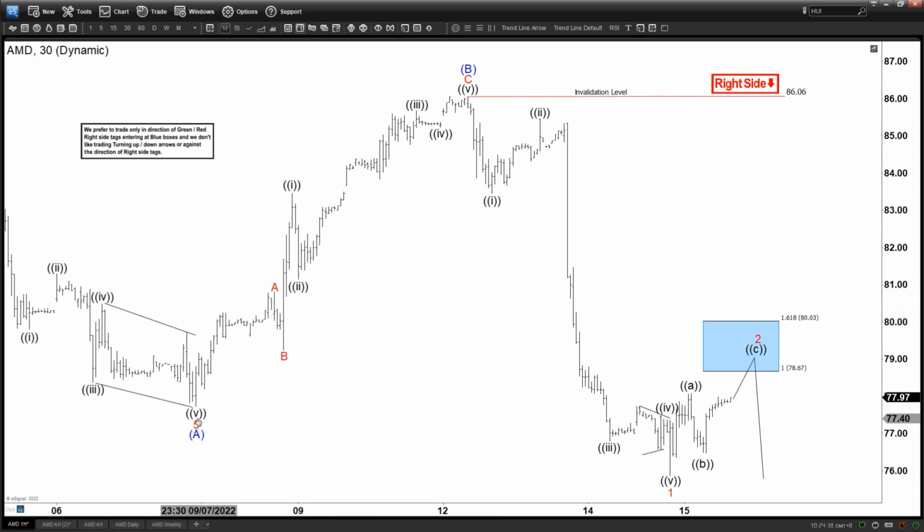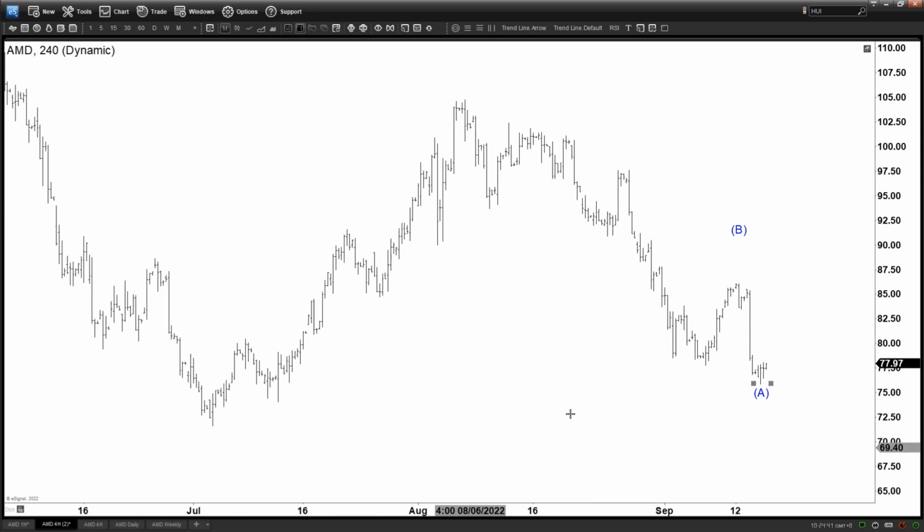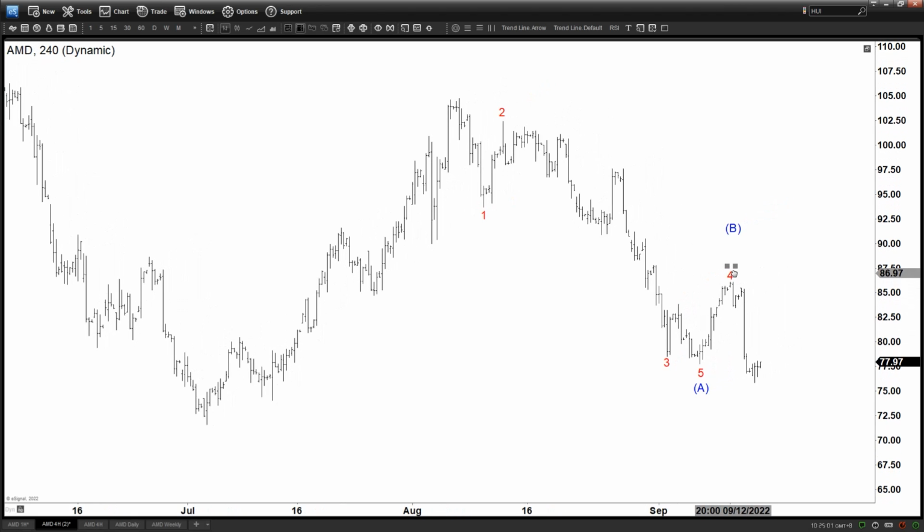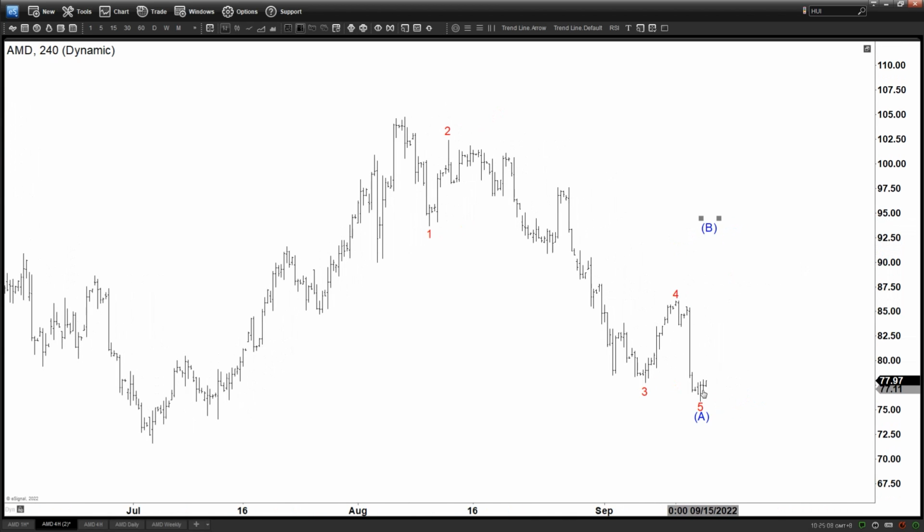So let me move this, let me post it here. Okay, so if this is a 5, what this is saying is something like this, right? 4, 3, and then you can try to guess the count, something like this, but in fact it could have been like this. Now in this kind of scenario, what's gonna happen then is your rally is not just correcting this cycle.